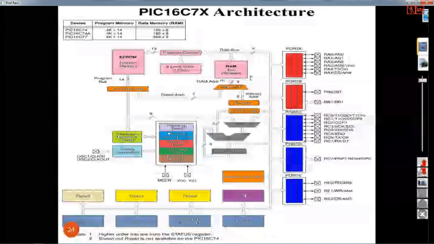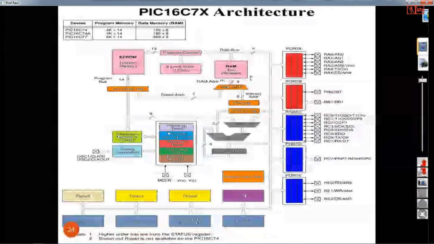For input port you require buffer, and for output port you require a latch. Okay, so now you can try to see. So this pin is becoming 0 or 1, so writing 1 or 0, easily you can understand this particular logic.